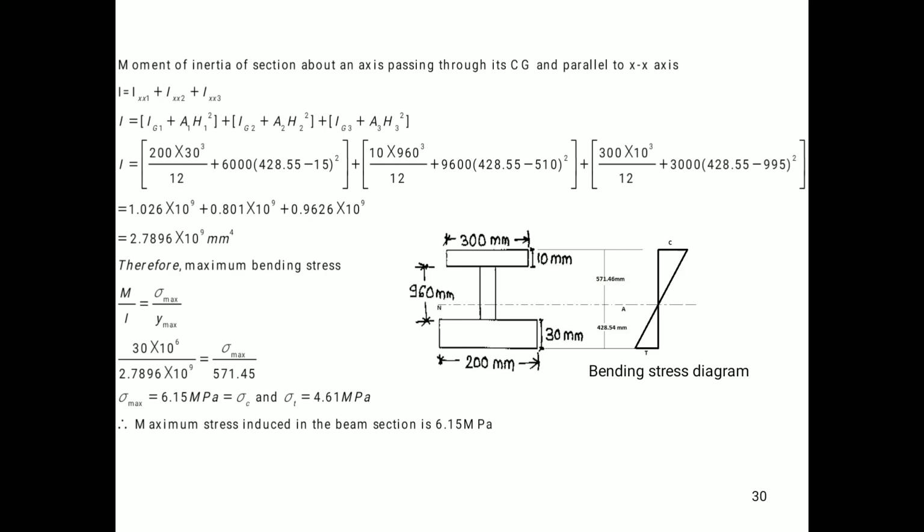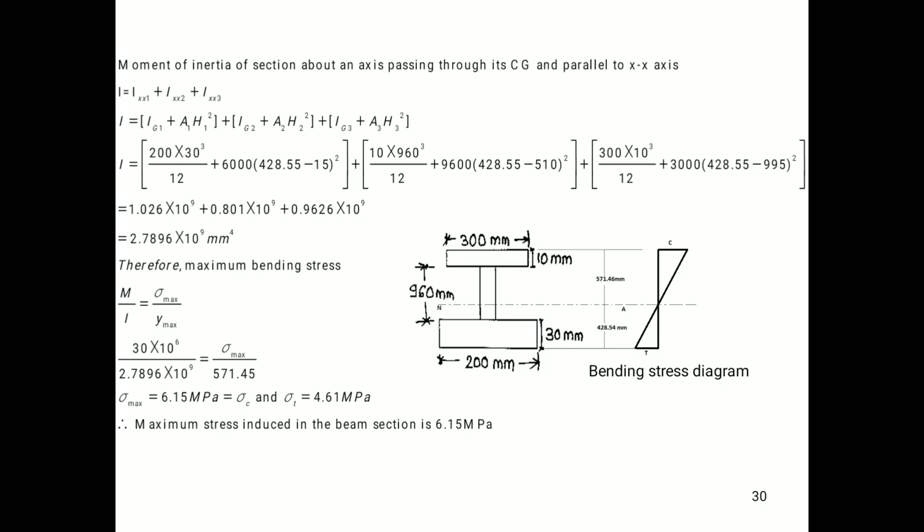If y is equal to 0, the value of sigma will be 0, and if y is maximum at the extreme fiber, the value of sigma will be maximum. Therefore, at the neutral axis, our value of y is equal to 0, so the stress will be 0. But at the extreme fiber, away from the neutral axis, we have the maximum sigma.